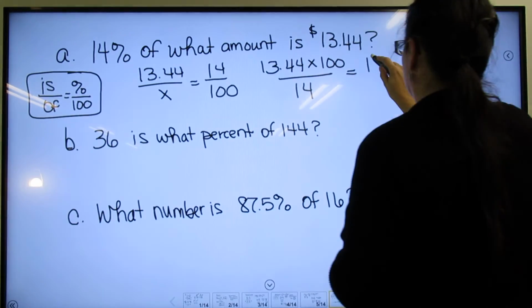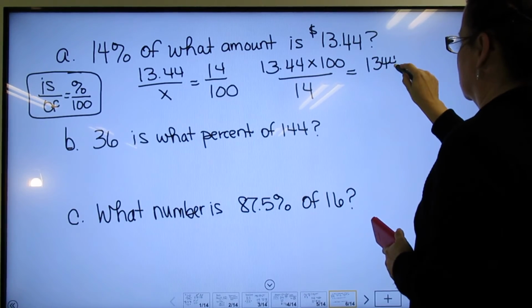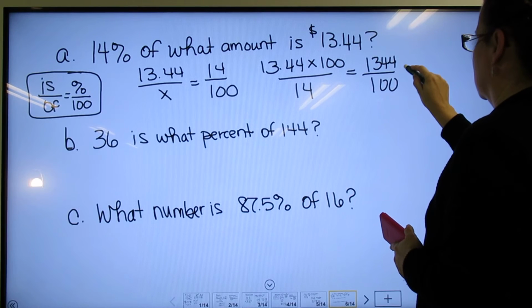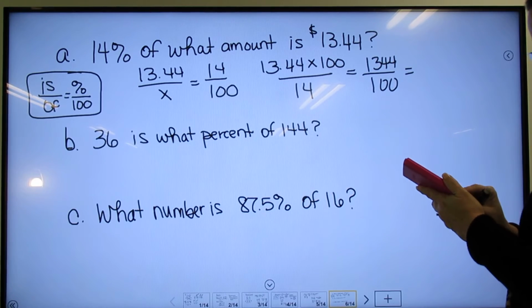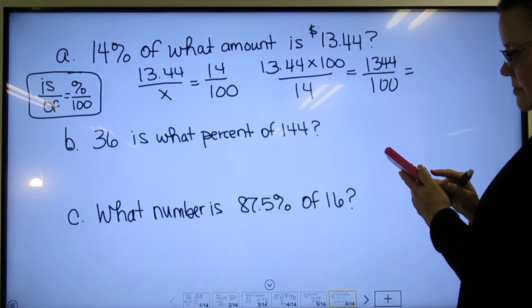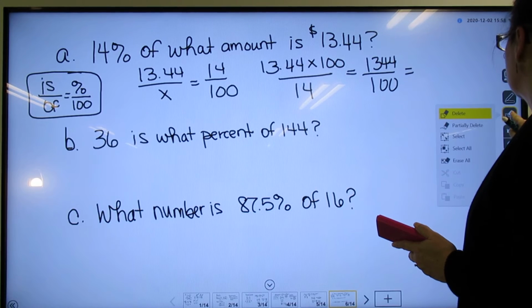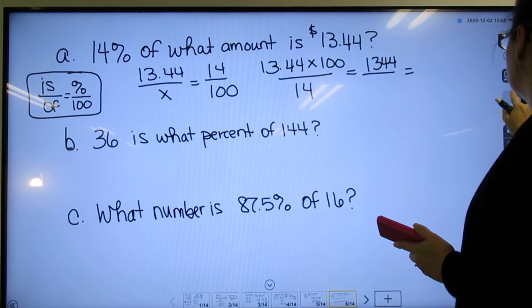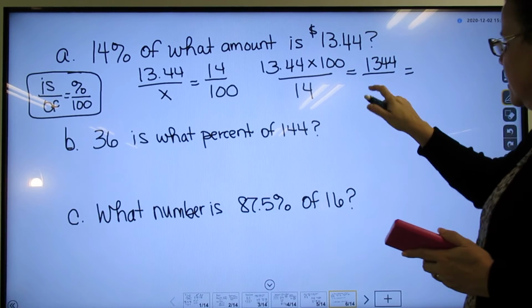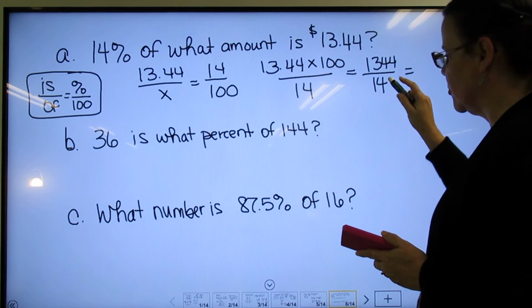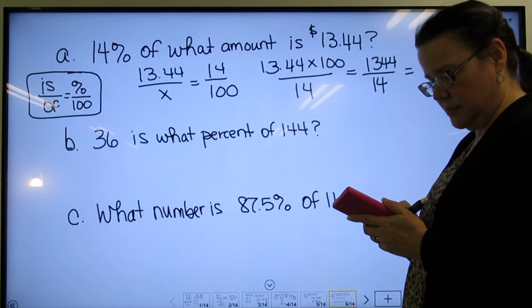That's just going to be... I don't know why I wrote that. That's not 100. Did you see that mistake I made? It's supposed to be a 14, not 100. Silly, Miss Sonia. Sometimes that happens.